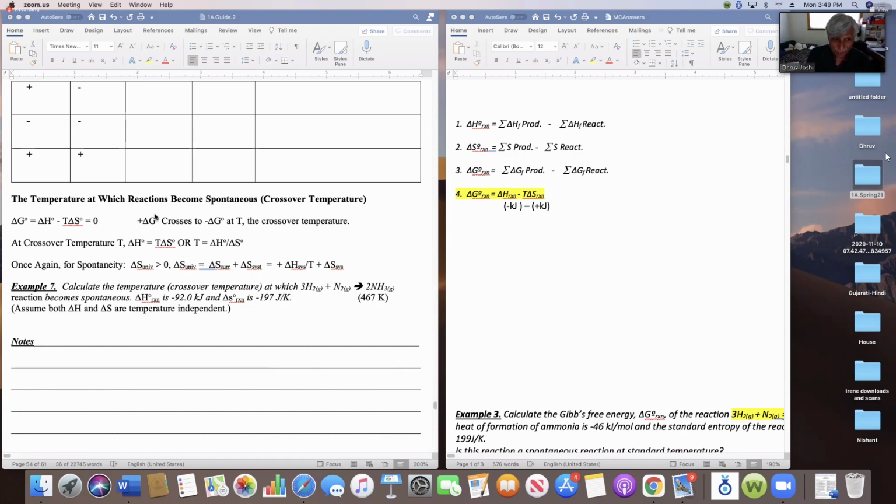Hold on, you just said that for a reversible reaction, delta H equals 0, and so does delta G? Yes, both of them are 0 for a reversible reaction.